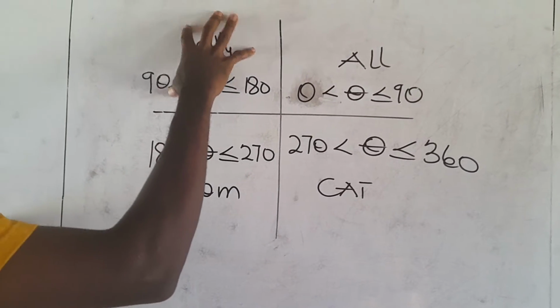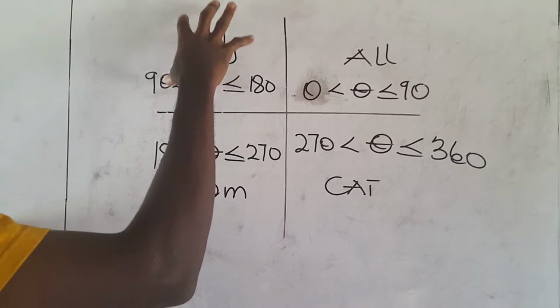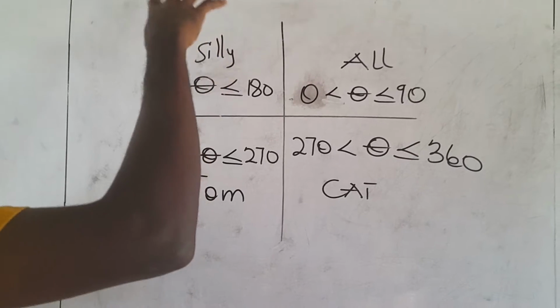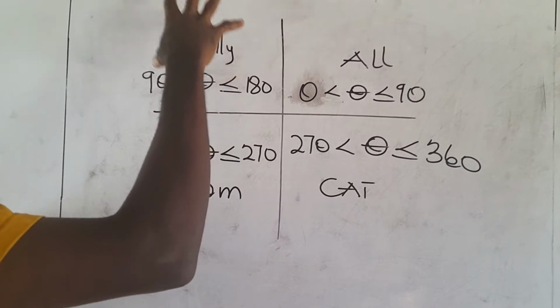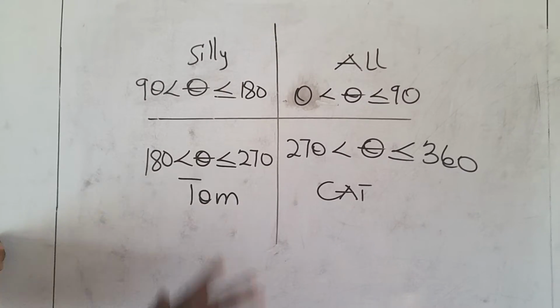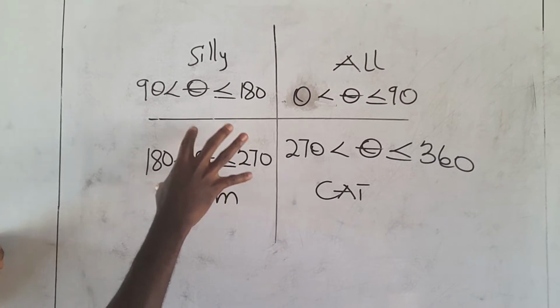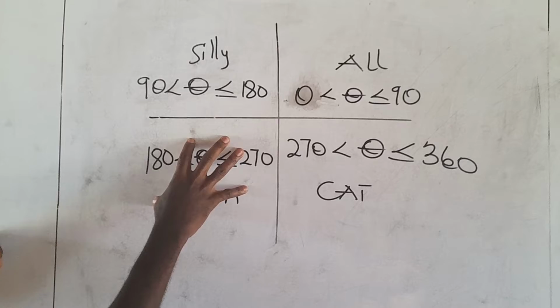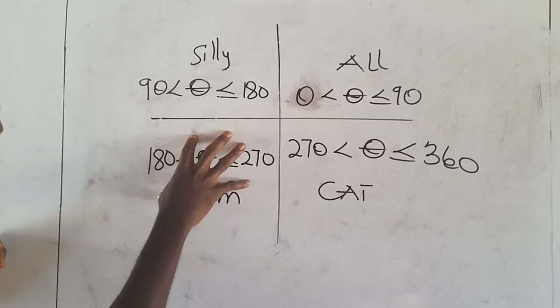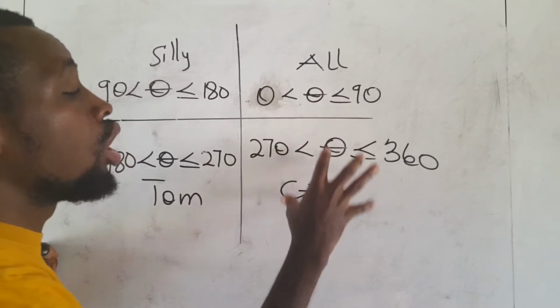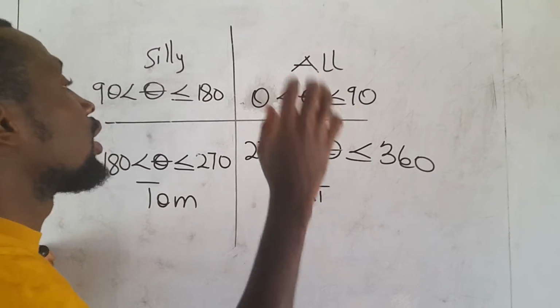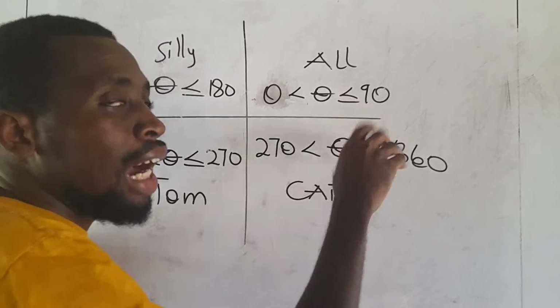But in the second quadrant, only sine is positive, tan and cos are negative. In the third quadrant, only tan is positive, sine and cos are negative. Then in the fourth quadrant, or the last quadrant, only cos is positive, sine and tan are negative.